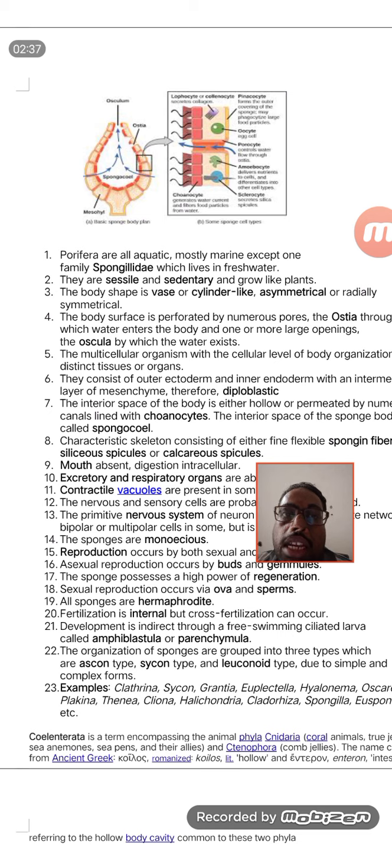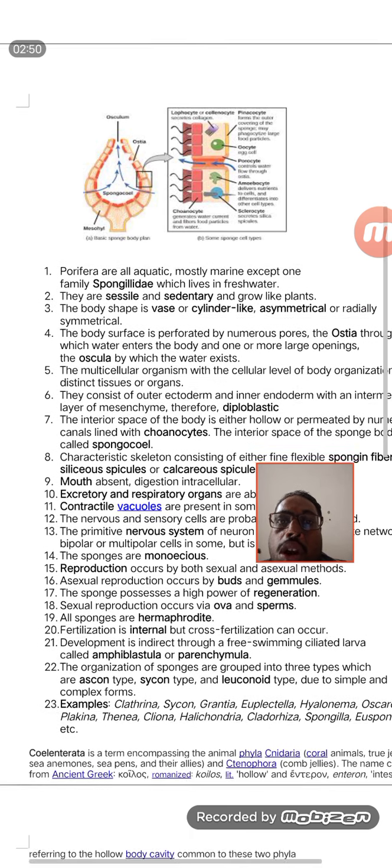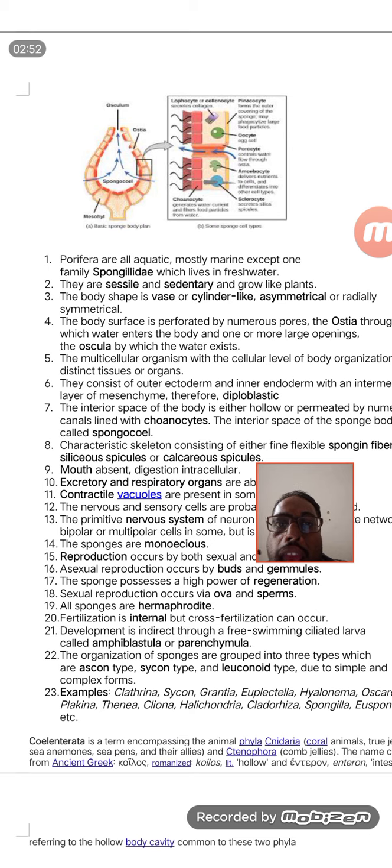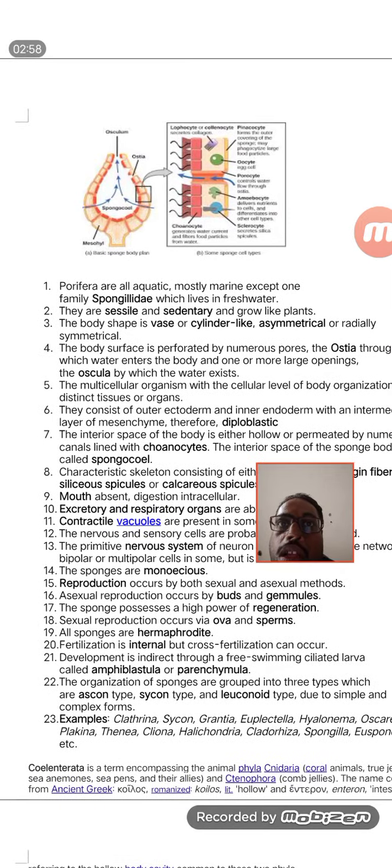They are cylindrical in nature. The body surface is perforated by numerous pores. Those pores are called ostia, through which the water enters the body, and there are one or more large openings through which the water exits, called oscula. If you see this diagram, you can understand this.